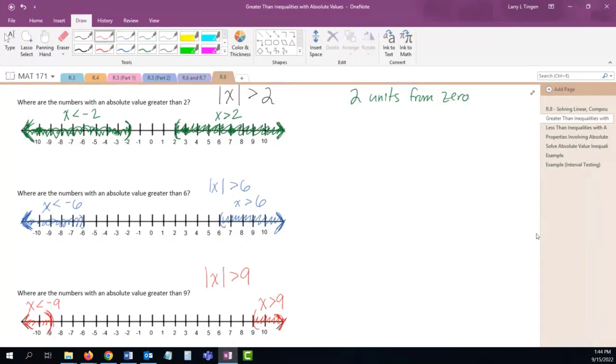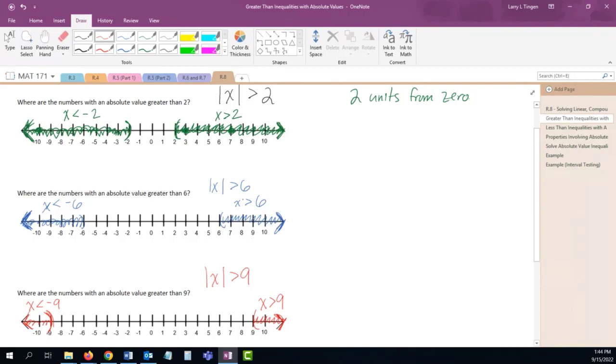Either the inequality reads exactly like it is by dropping the absolute value sign, and I just have x is greater than 9, or I drop the absolute value bars, I flip the direction of the inequality, and I flip the sign. Notice I either have x is greater than 2 or x is less than -2. I flip the direction and I flip the number.